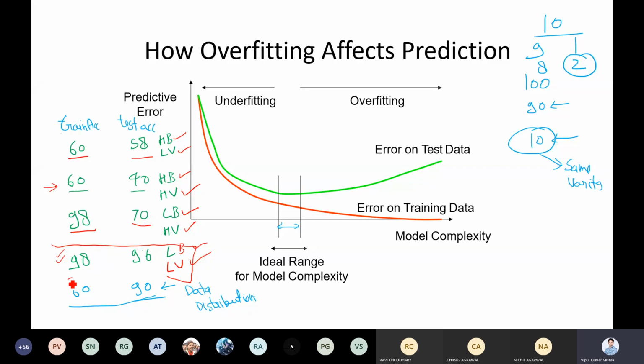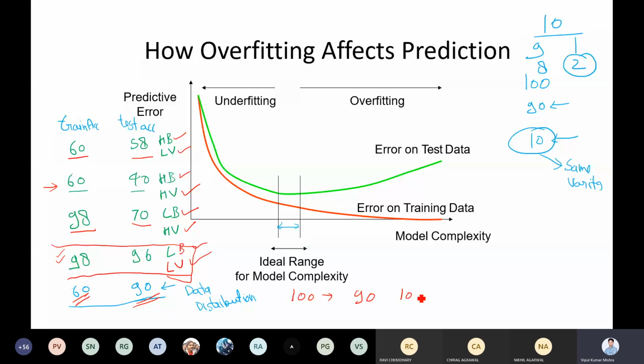Now this is hypothetical. Sometimes you get 60% accuracy in the training and suddenly 90% accuracy in the testing, which means you have to look into the data distribution. It is very much possible. Suppose you have 100 data points, and out of those you have given 90 to the training and only 10 to the testing.